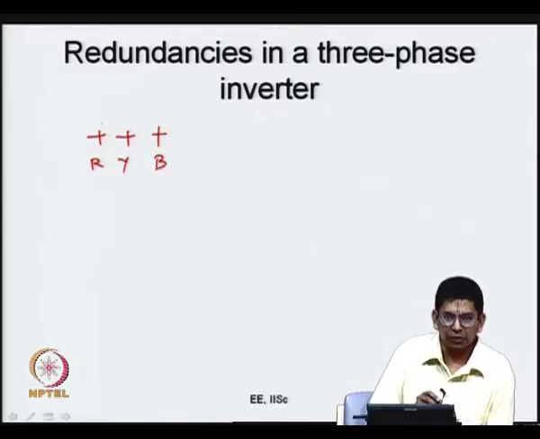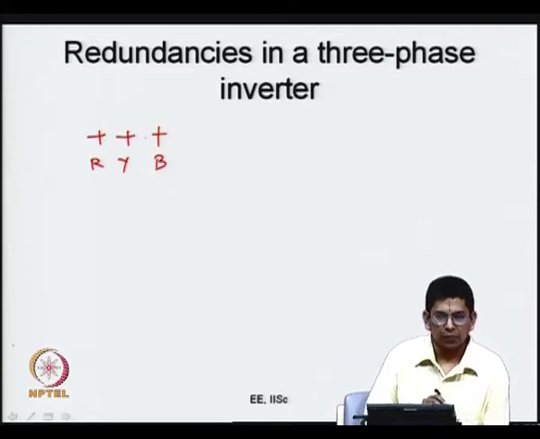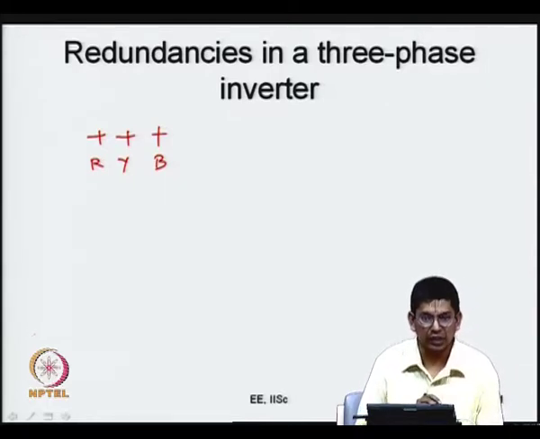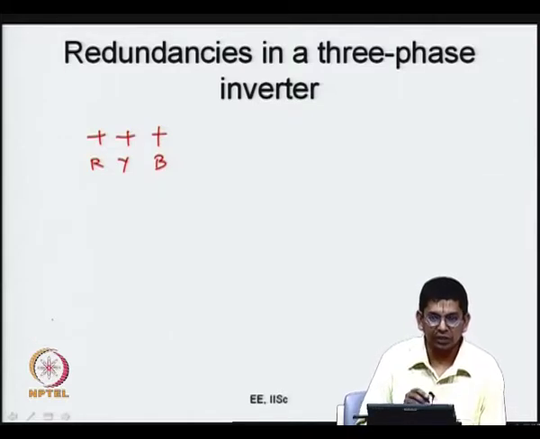The R phase top device is on, Y phase also top device is on, B phase also top device is on. All the pole voltages are plus VDC by 2, plus VDC by 2 and plus VDC by 2. What is the difference between those two? What is VRY? 0. What is VYB? 0. What is VBR? 0. So, this is what is called a 0 state. The 3-phase line to line voltage is 0. You are shorting the load.